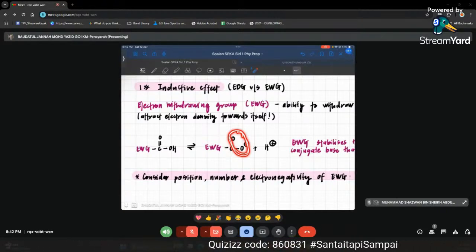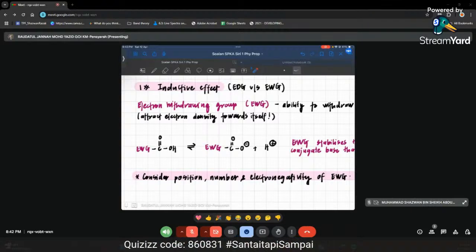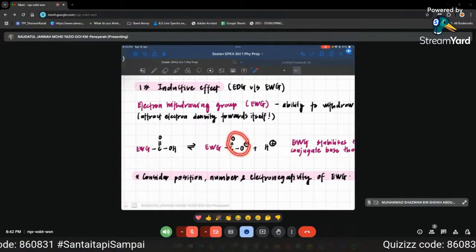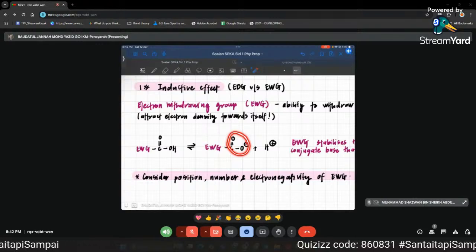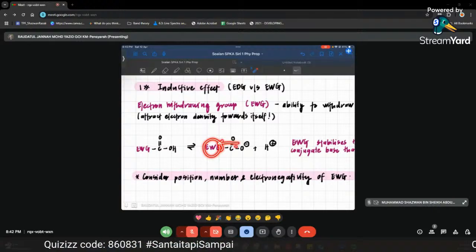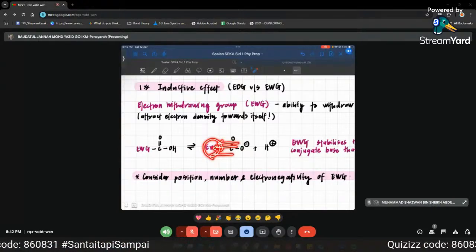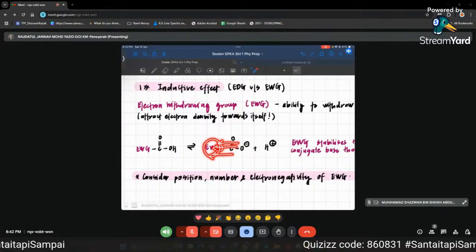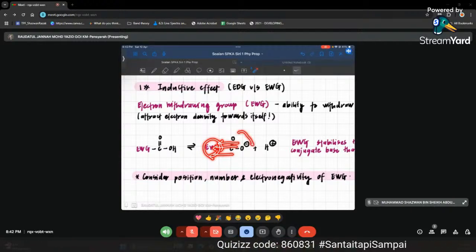So the thing is, if we can withdraw some of the electrons away from this position here, for example we add on an electron withdrawing group here. As per its name, it can withdraw the electron density toward itself. So your electron density is no longer always concentrated in this region here.